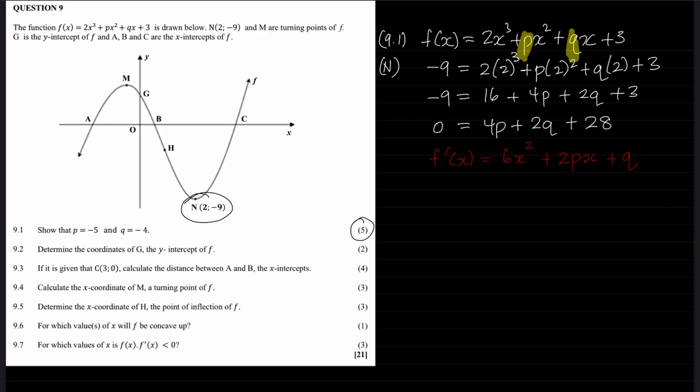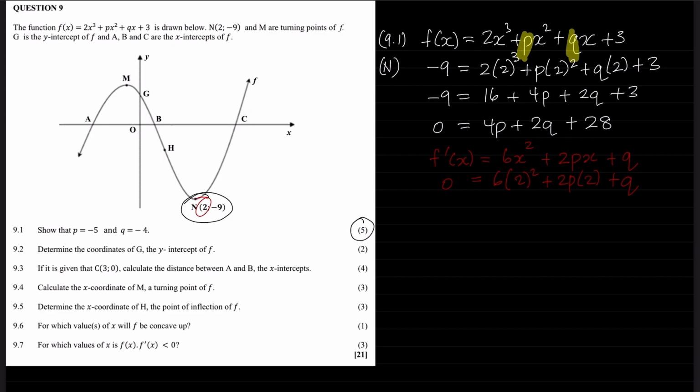And I can equate this to 0, and I know that the x value then is going to be 2. So 0 is equal to 6, and then 2 to the power of 2, plus 2p times 2, plus q.